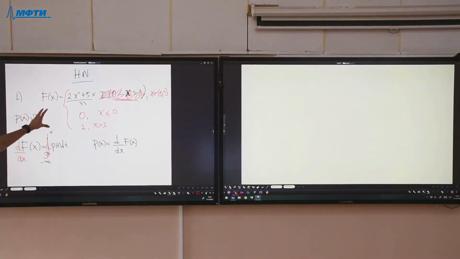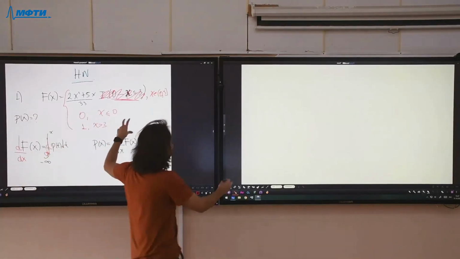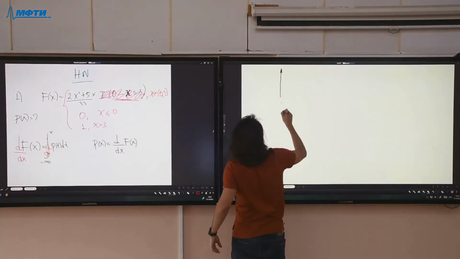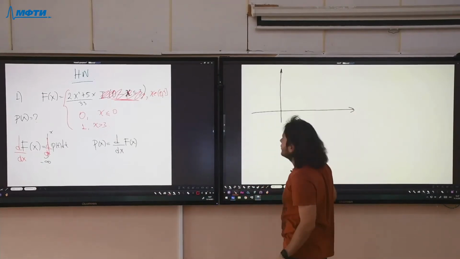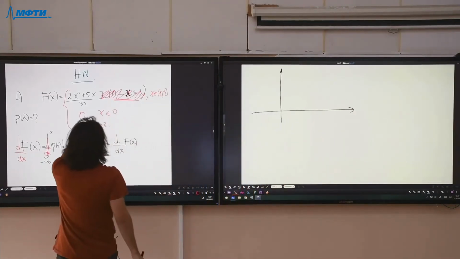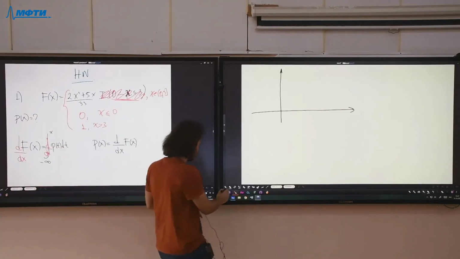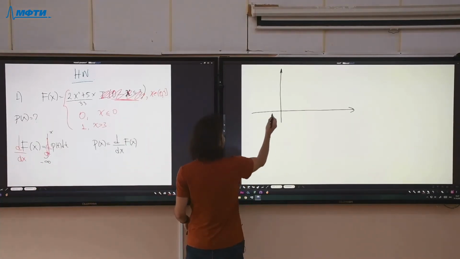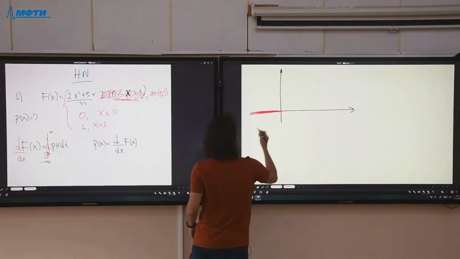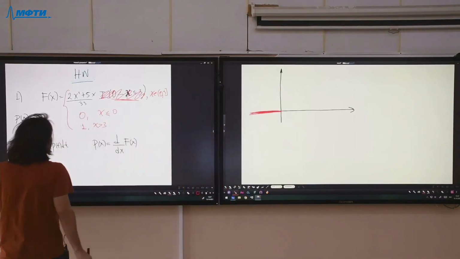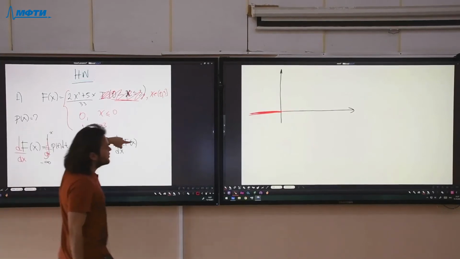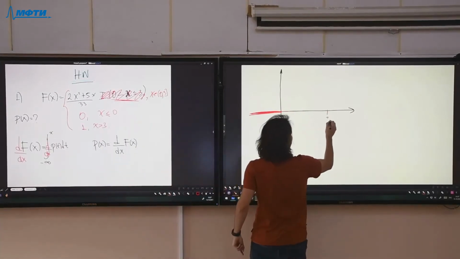So how does this function look like? Let's look at the graph of this function. So we know that from minus infinity to x, this is 0. Then what? If x is greater than 3, this is 1.